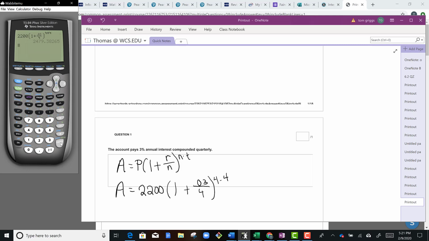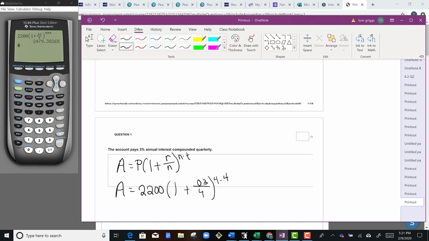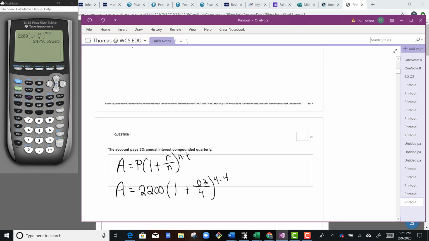If you have an older calculator, you may need to insert some extra parentheses here. Typically for money problems, they want us to round it to the nearest cent. So $2,200 is now turned into $2,479.38.